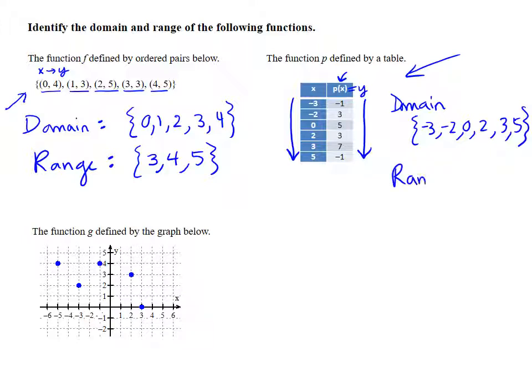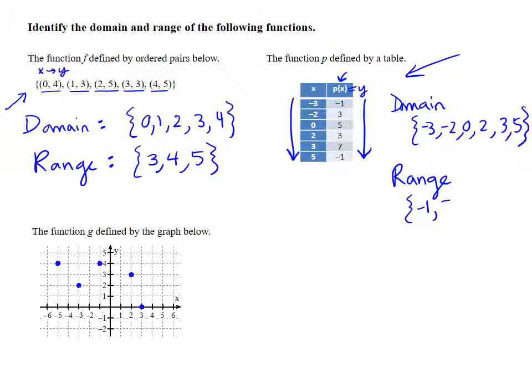The range would be the set of y values. Again, we generally go from low number to high number, although I wouldn't mark you wrong on a test or a quiz if you showed them in any order, as long as you get them all in. Range, -1 would be the lowest value in this grouping of y values.